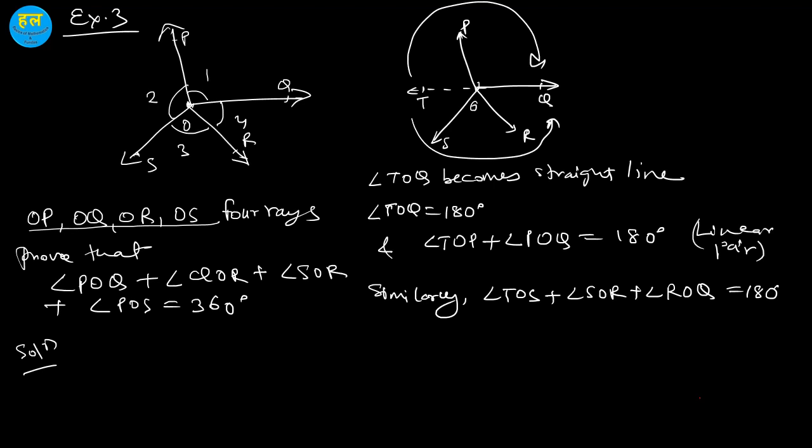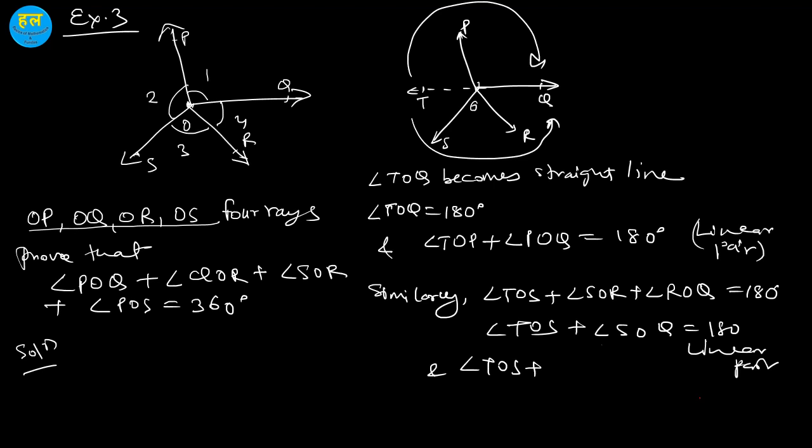Why? Because angle TOS plus angle SOQ is equal to 180 degrees, linear pair, and this angle SOQ is made up of two angles, that is SOR and ROQ, what we have written here. So this is what we get.